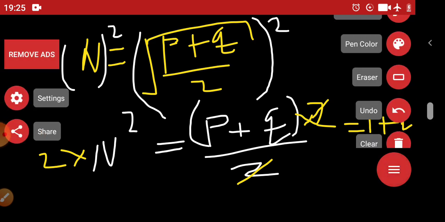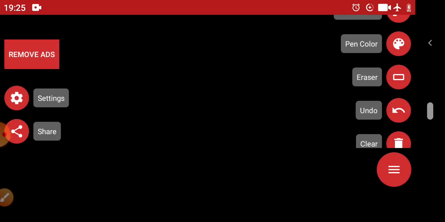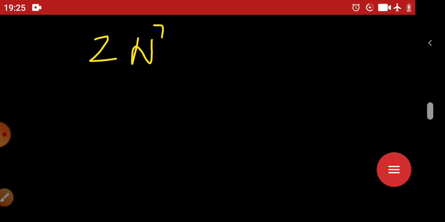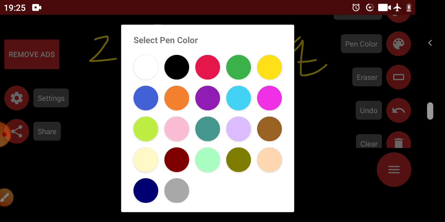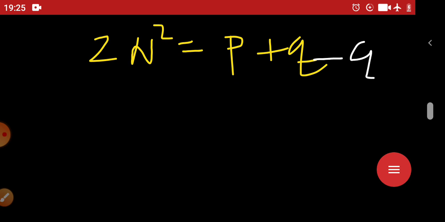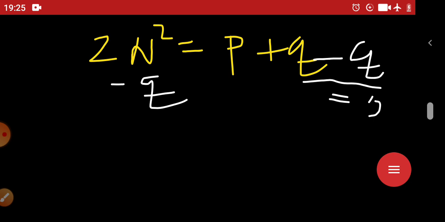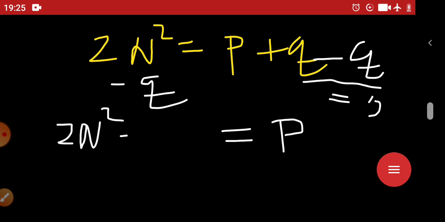Because we want p the subject of the formula, we need to subtract q both sides, so that the right hand side will be left with p, and the left hand side will have 2n squared minus q. So we've made p the subject of the formula.